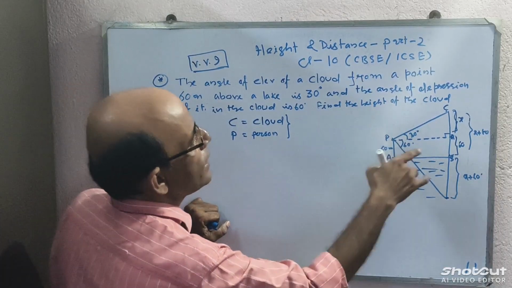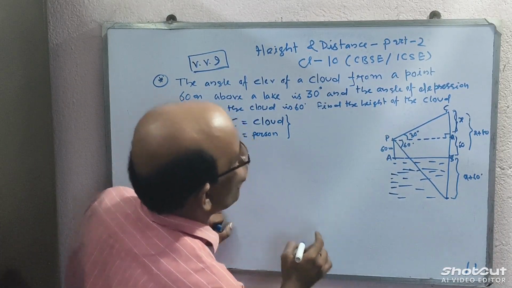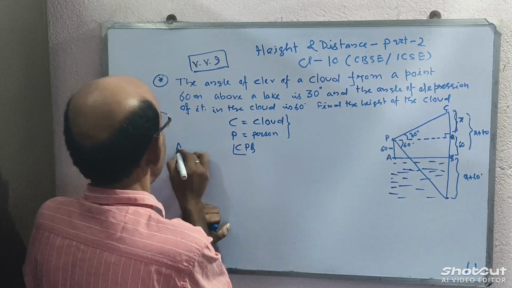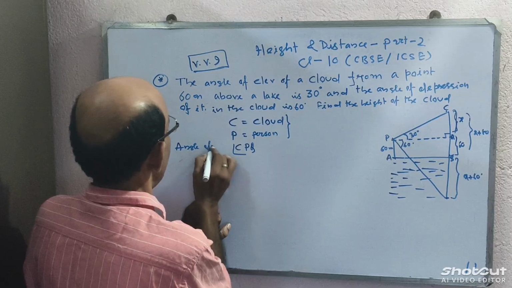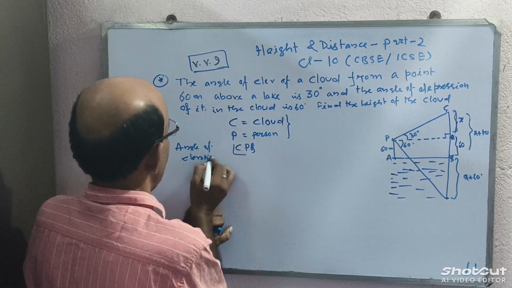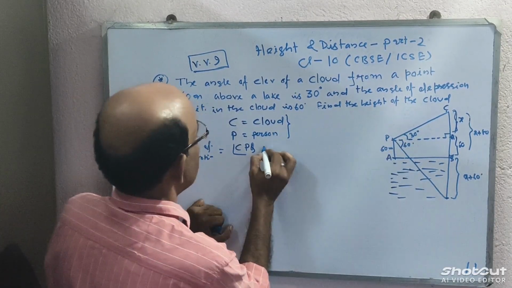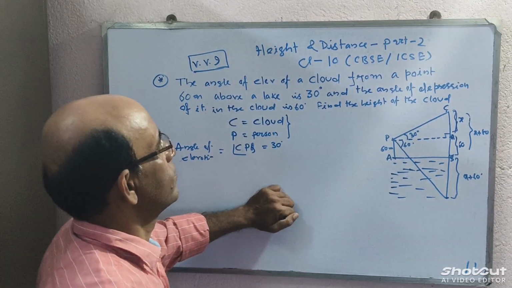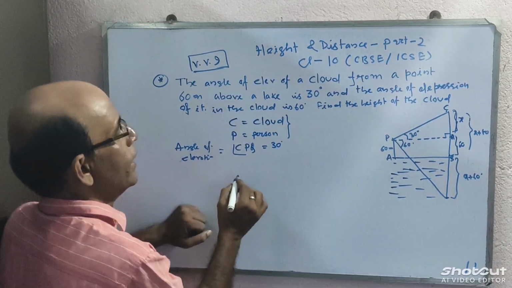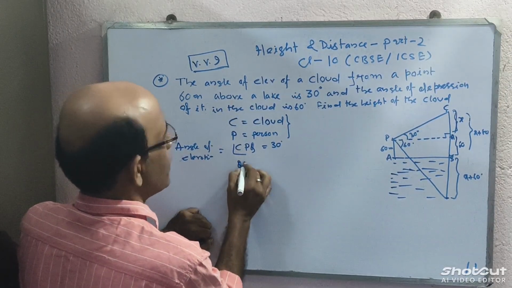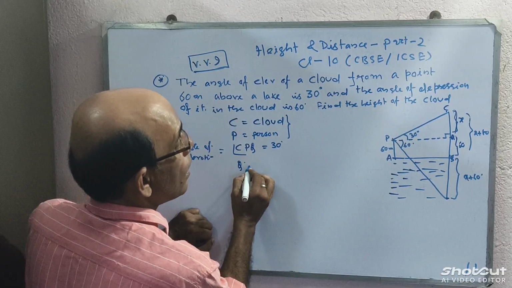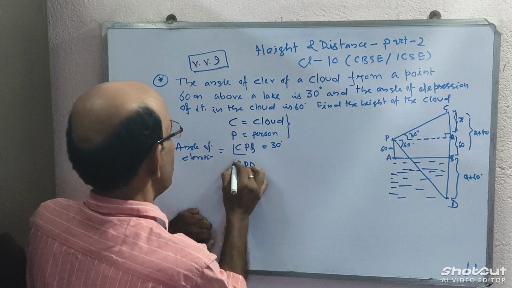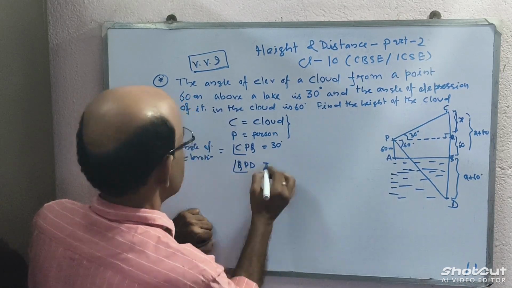Angle of elevation CPQ is equal to 30 degree. And angle of depression QPD is equal to 60 degree.